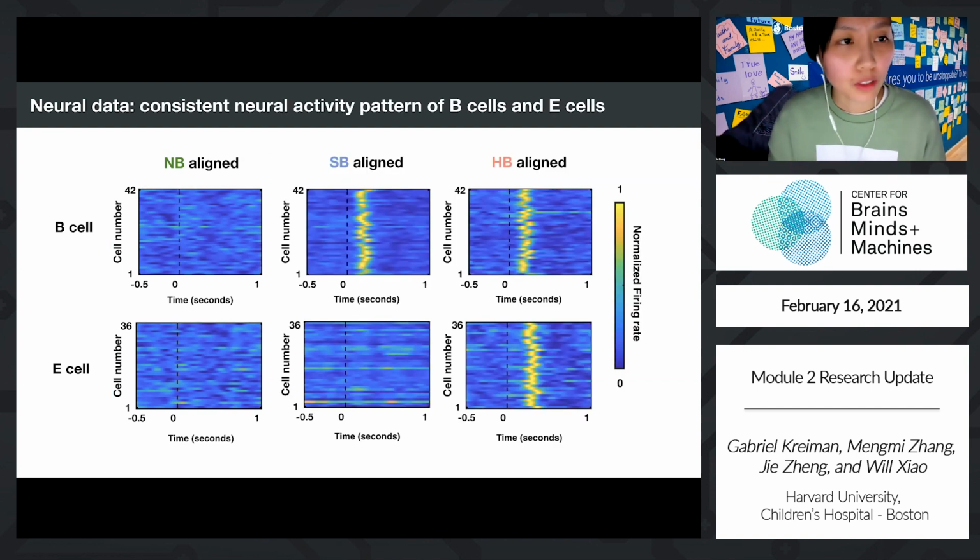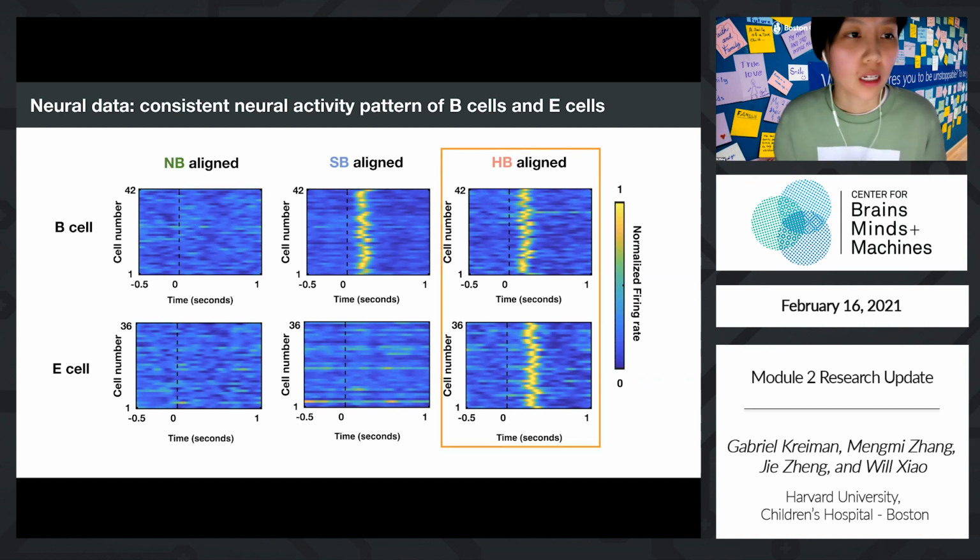Another interesting piece of information in this plot is that if we compare both the boundary cells and the event cells, which both respond to the hard boundary conditions, you can probably already see a slight delay in the response between these 2 cell populations.